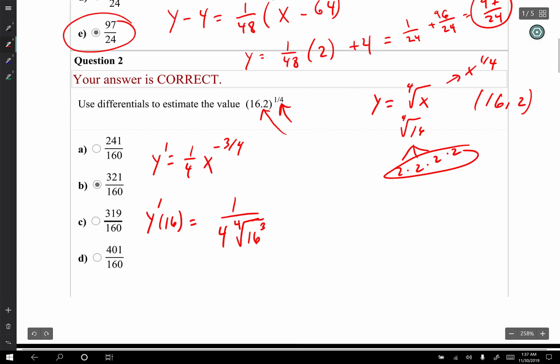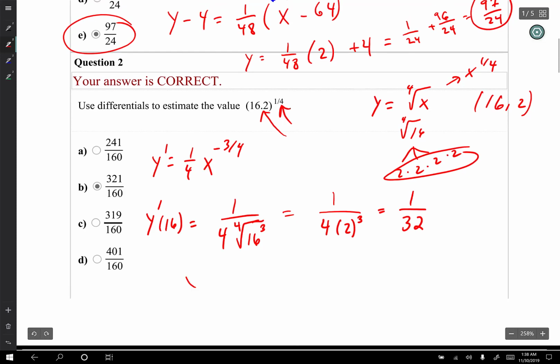No, we're not going to have issues. 16 to the 1/4 power, the fourth root of 16, we already said was 2. So this is 1 over 4 times 2 to the third, and 2 to the third is 8. So 1 over 8 times 4, 8, 16, that's 32. So there it is. There's my slope.